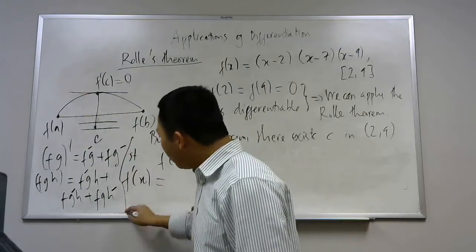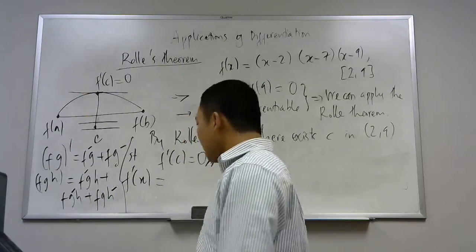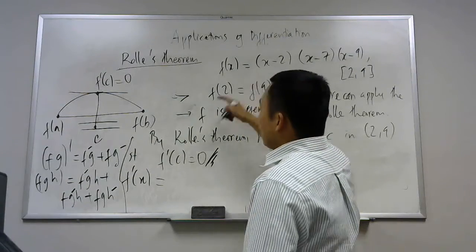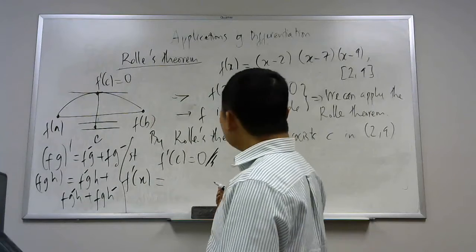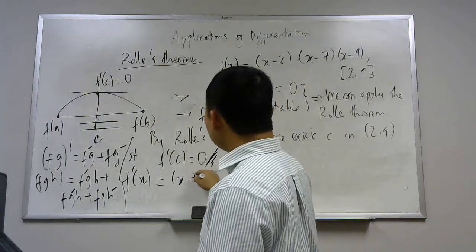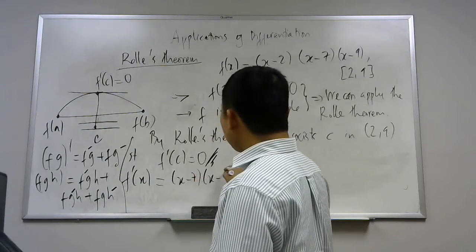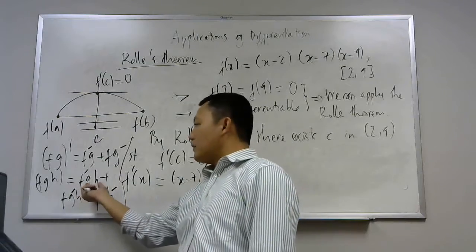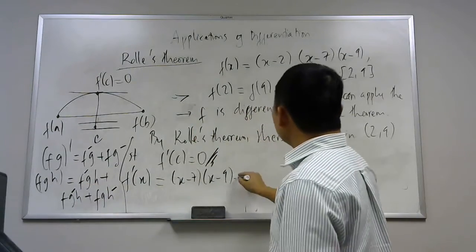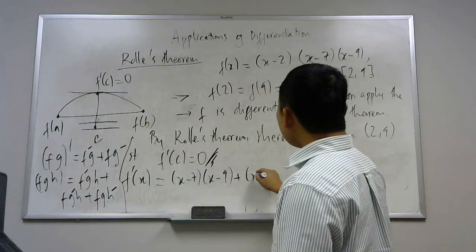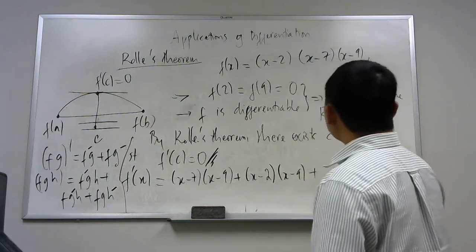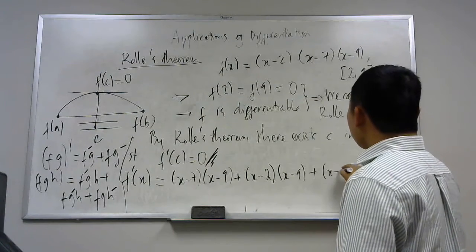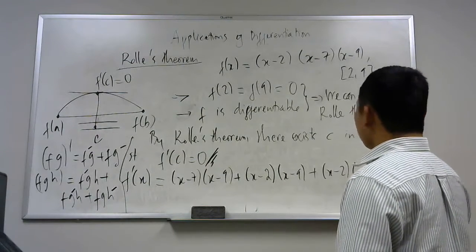If we apply this, it would be easier and faster, I guess. Let's do that. What's the first derivative of x minus 2? It's just 1, so I have as the first term (x minus 7)(x minus 9). Similarly, I have (x minus 2)(x minus 9), plus the last one, (x minus 2)(x minus 7).